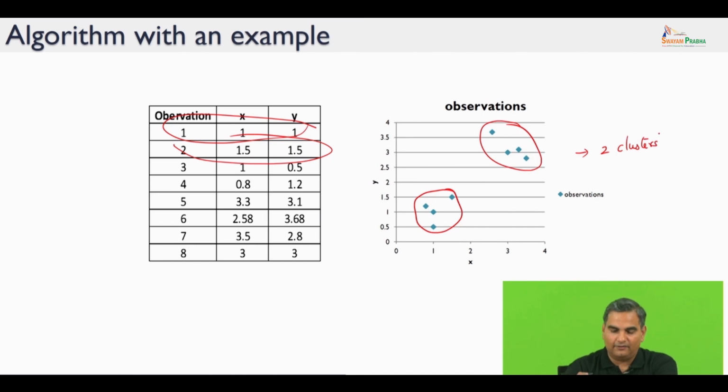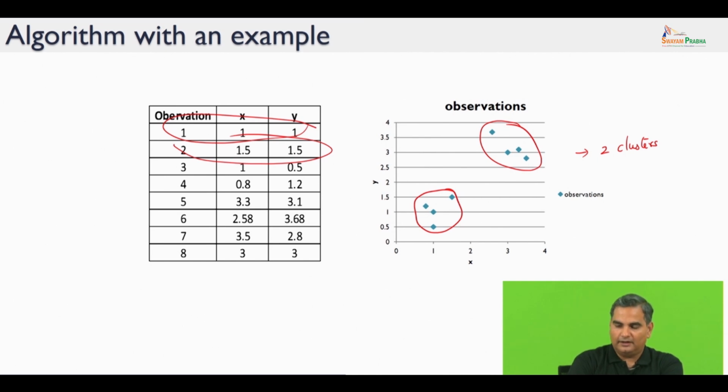So right at the beginning we have no information. We don't know that these belong to one cluster and all of those data points belong to another cluster. We are just saying there are going to be 2 clusters, that's it. So how do we find the 2 clusters? Because we have no labels for these, and this is an unsupervised algorithm.